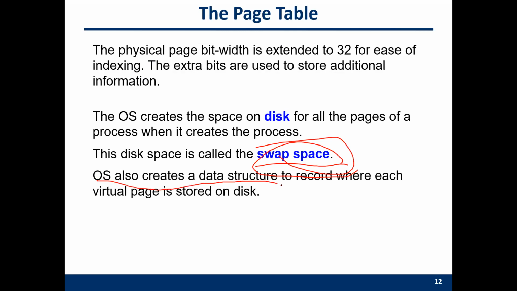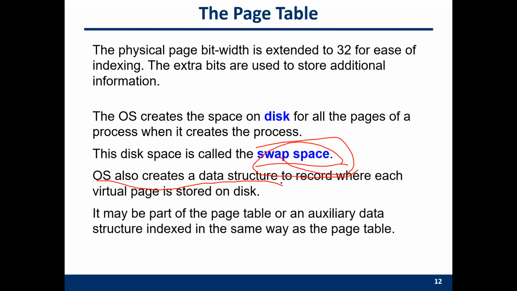The operating system also creates a structure to record where each virtual page is stored on the disk. It's a part of the page table, or some other data structure indexed in the same way as the page table. So either you have a combined page table or a separate page table to store the information in DRAM and in the disk.